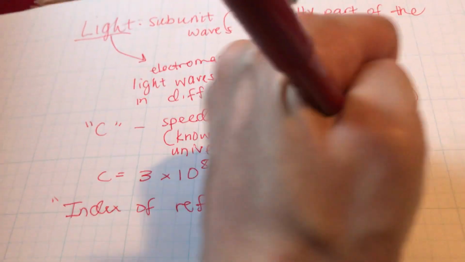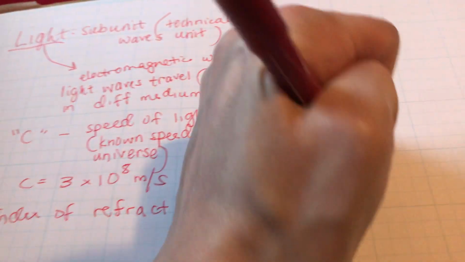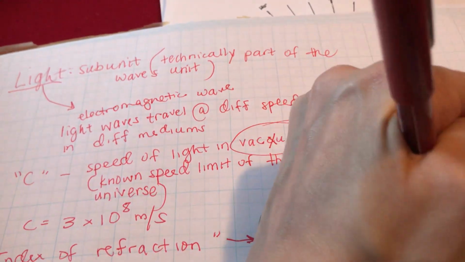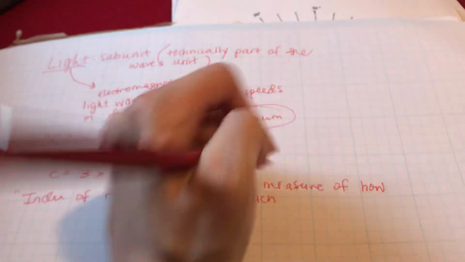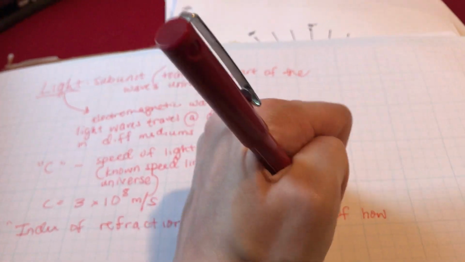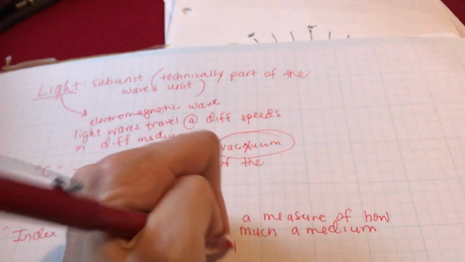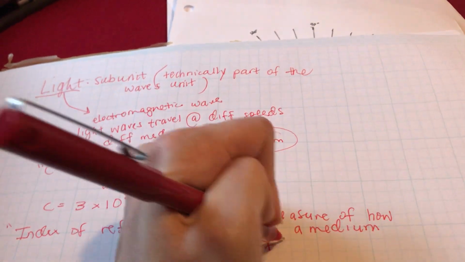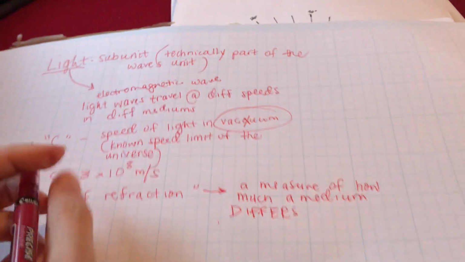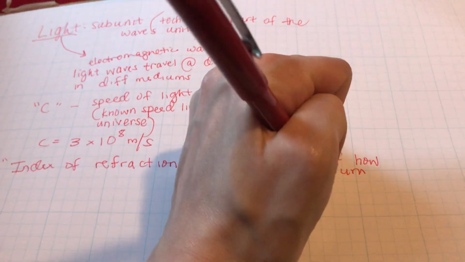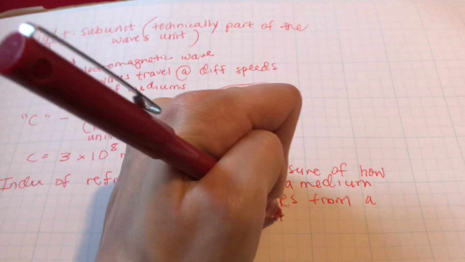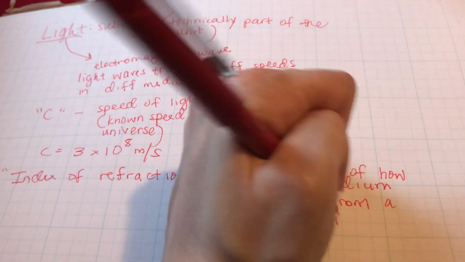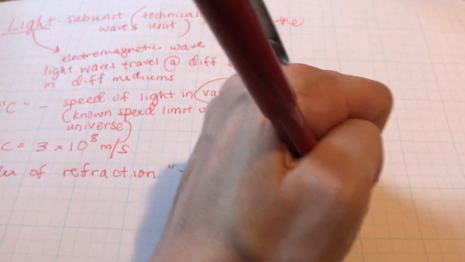Okay, so a measure of how much a medium differs from a vacuum in regards to its optical density.